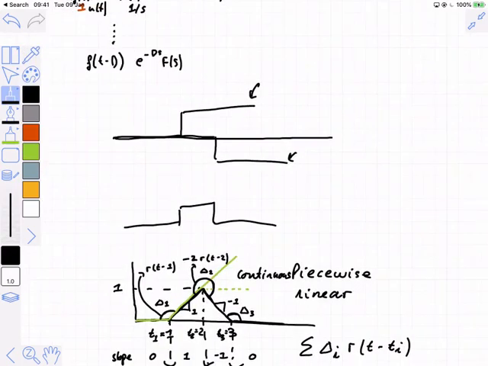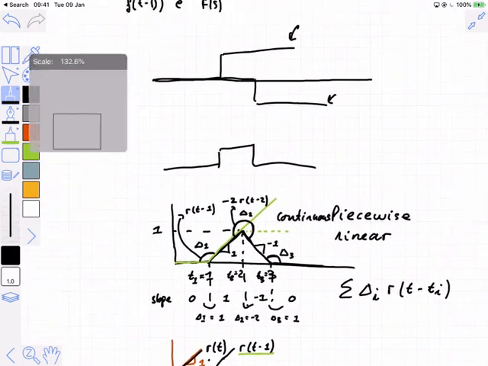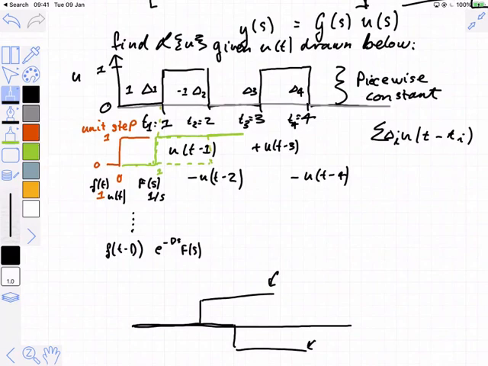I want you to notice that the ramp function, if you think of the ramp function as being the integral of the step function, you can actually think of this rule being redundant because we just use the same rule on the derivative.